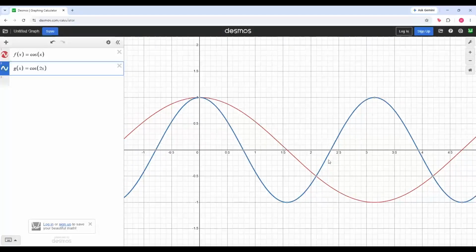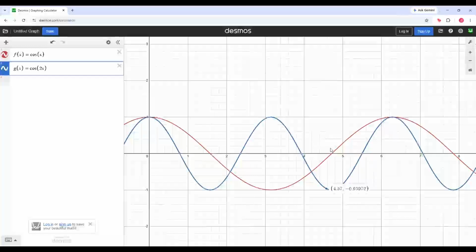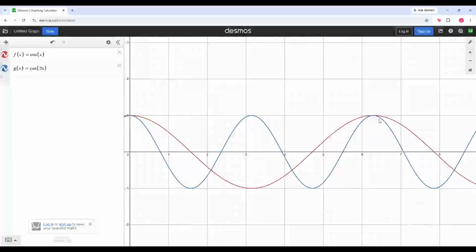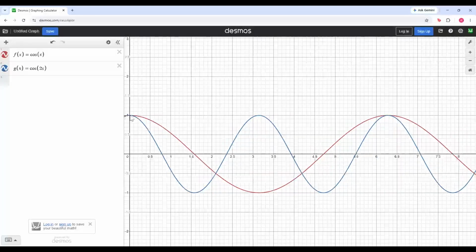So instead of having a period of 360, where it goes down, up, then starts going down again at 360, sorry, this is in radians, the wave is much shorter, so it's going to have a period of 180 instead of 360. But the maximum cos 2x can be is 1, right?